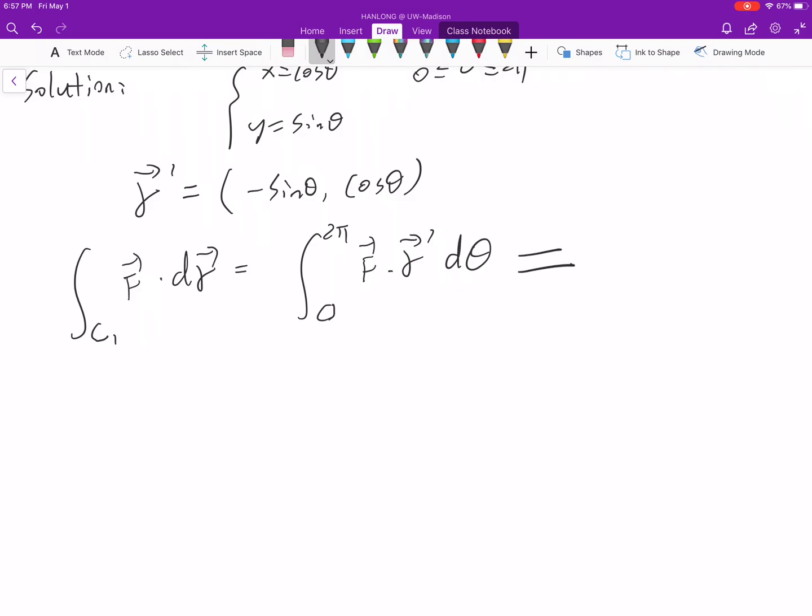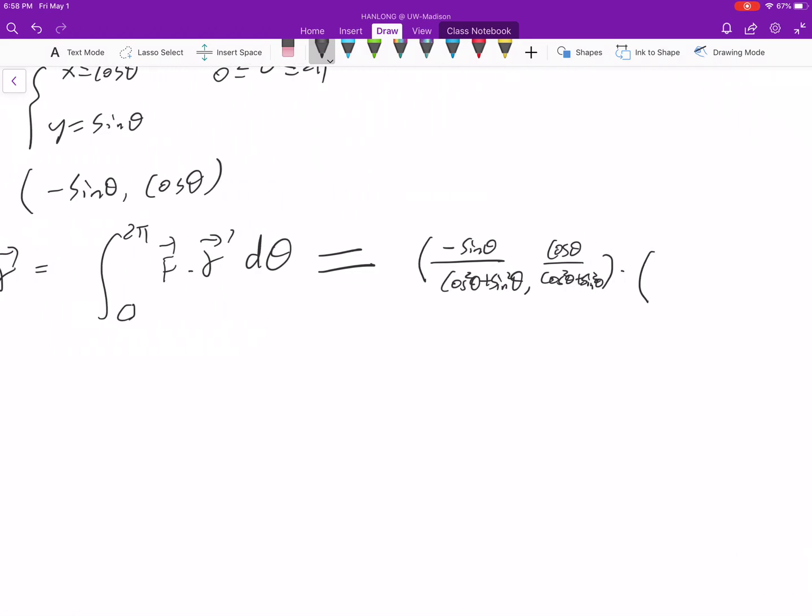Now, here F is negative y over x squared plus y squared, so negative sine in the numerator, and in the denominator you have cosine squared plus sine squared. And then the next one is cosine divided by cosine squared plus sine squared.